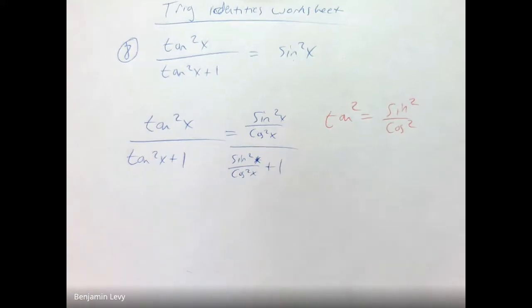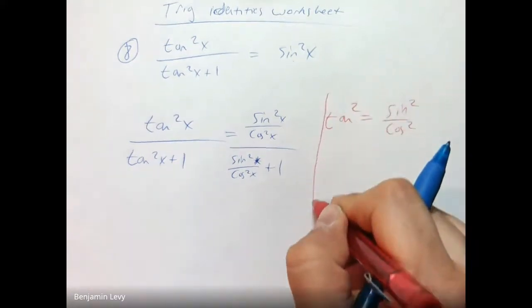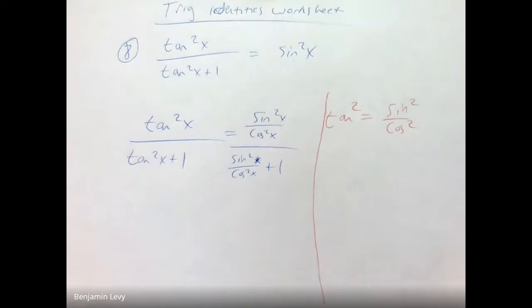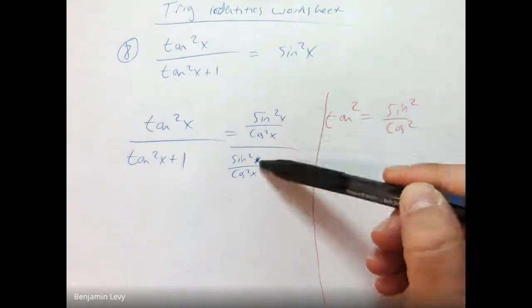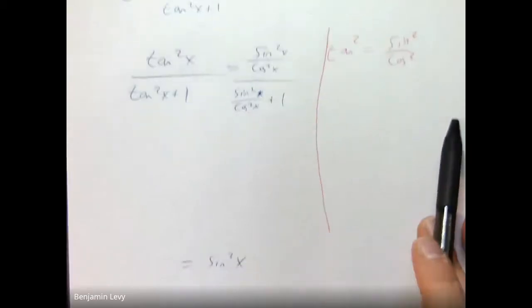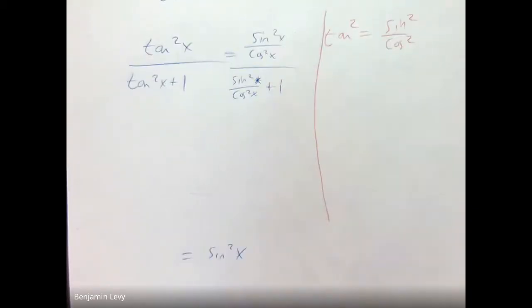That's always a good first step, change everything into sines and cosines. Then you just do some algebra, and eventually we're going to have a sine squared. And hey, we introduced a sine squared when we made this substitution, so we're on our way to the answer.